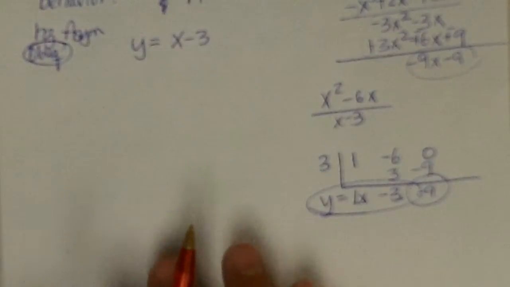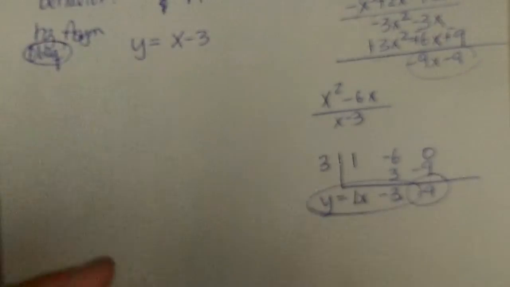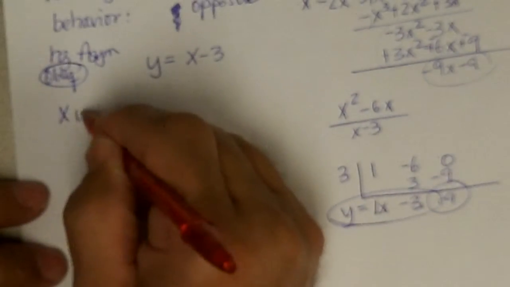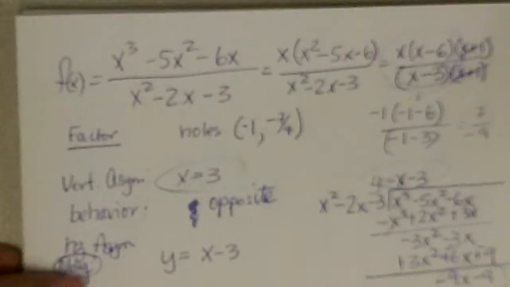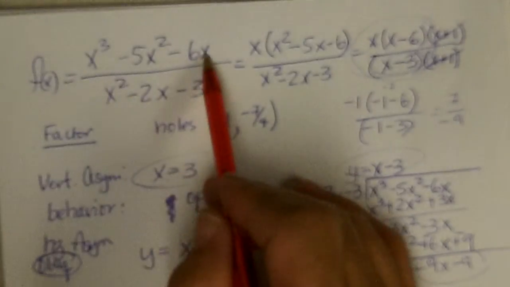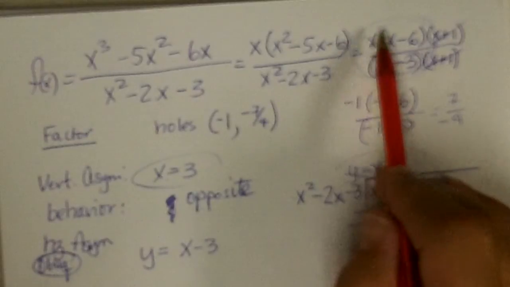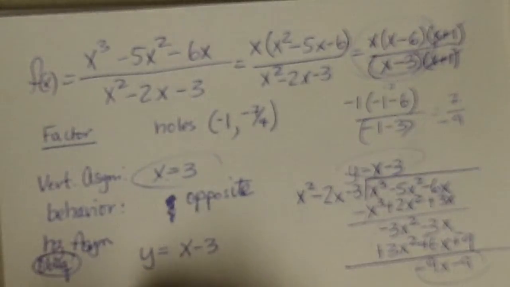Alright. Oblique asymptotes, and then it asks for x-intercepts. And that would be anything that makes the numerator 0 except where the hole is. So I'd look at this and I'd say 0 and 6. x being 0 will make the y be 0.